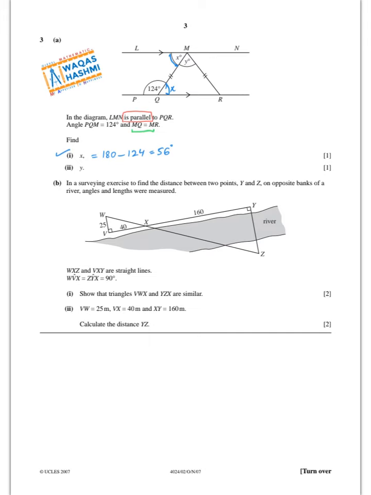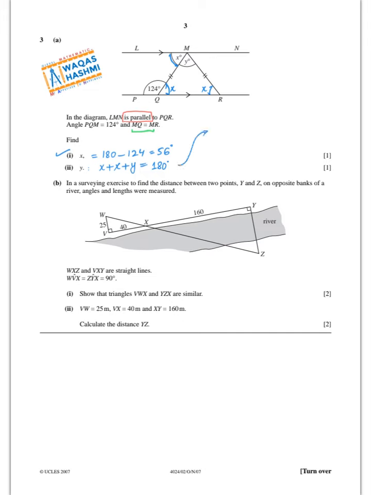Now to find out the value of y, we need to use that equation, right? If these two lines are equal, that means that two angles will be equal as well. So this angle will be x as well. So for y, you can say that x plus x plus y. The sum of angles of a triangle, it's a triangle, right? The sum of all the angles is equal to 180 degrees. Now you have the equation and you need to simplify.